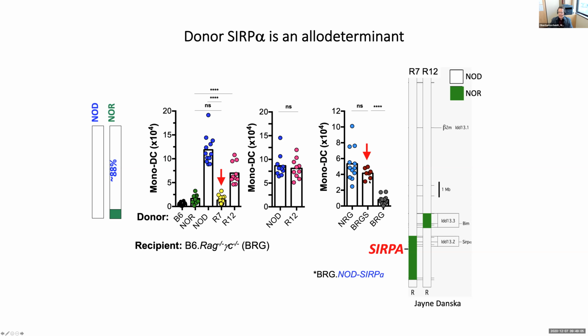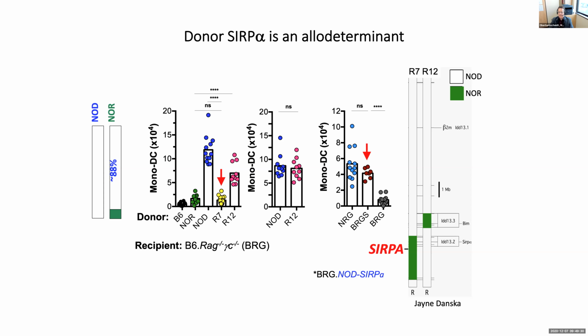And as you can see, you now can elicit a response that is almost indistinguishable from the NOD RAG gamma chain response and significantly higher than the syngeneic response to B6 RAG gamma chain knockouts. Okay, so donor SIRP alpha is one of the allodeterminants.